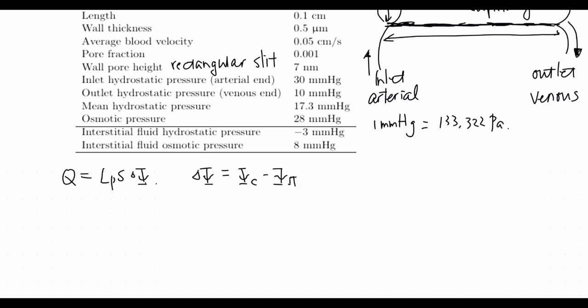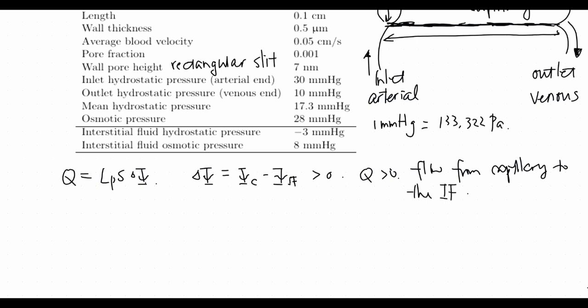So if this is greater than 0, it means your Q is greater than 0. So that means the filtration flow, you have flow from capillary to the interstitial fluid.